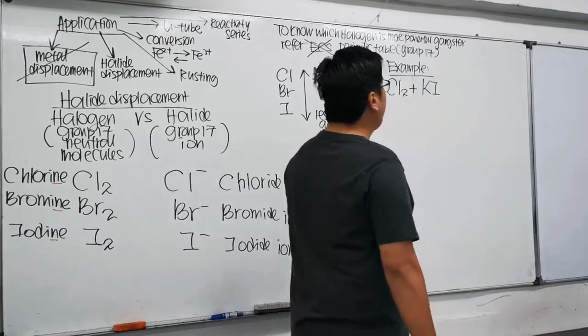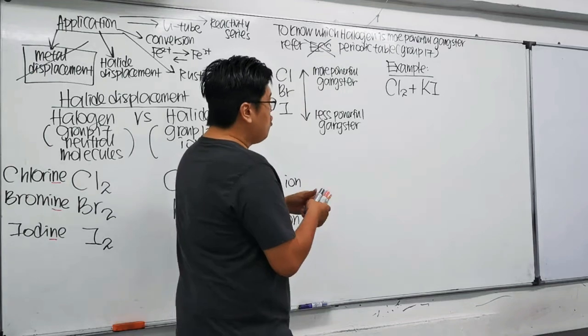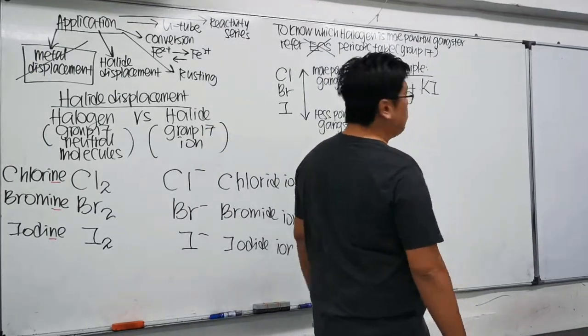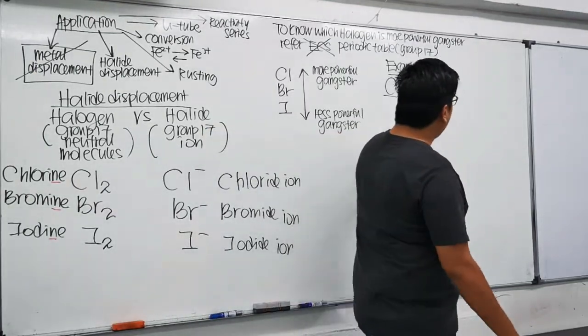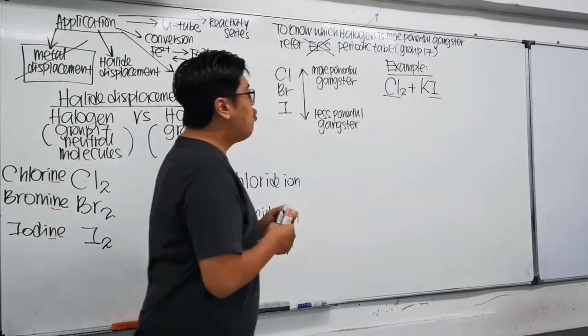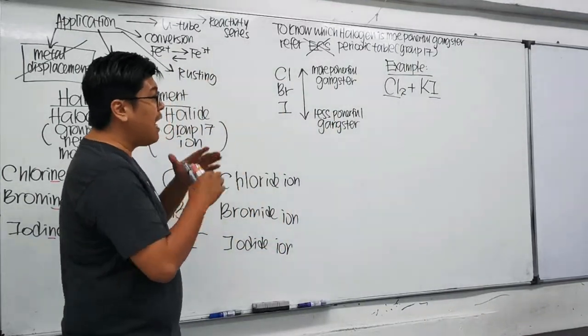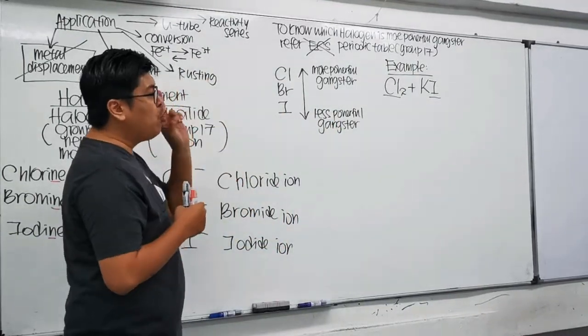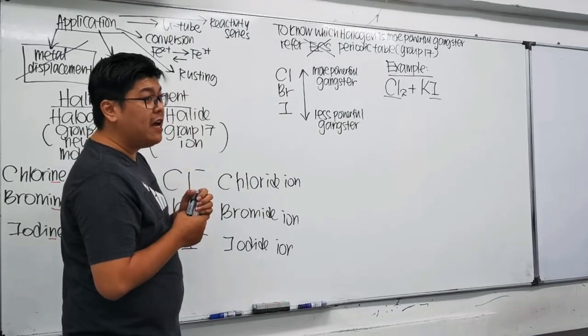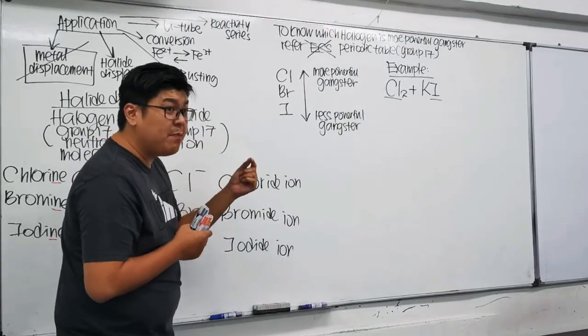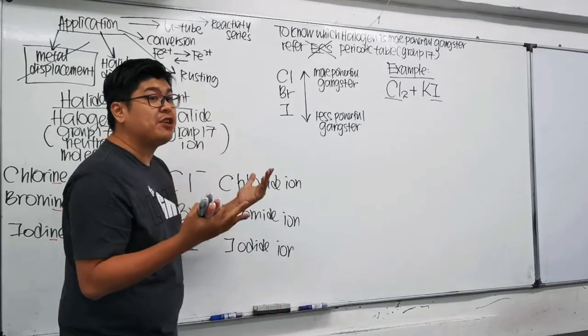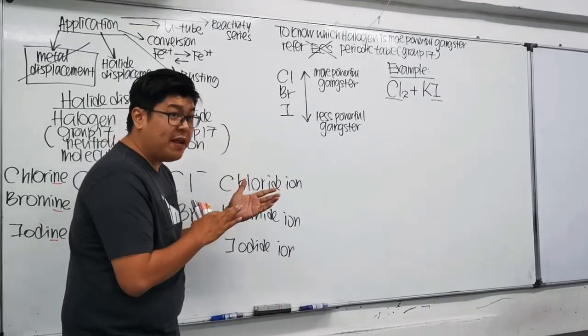So now what happened here? You all can see chlorine is group 17, iodide is group 17. When you have two group 17 people appear together, this is halide displacement. When you have two metals appear together, that is metal displacement.